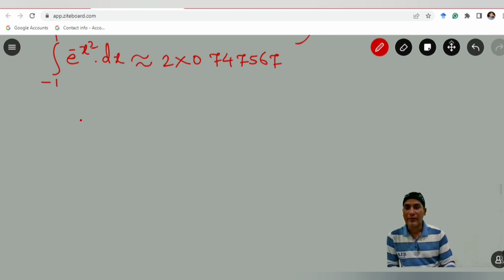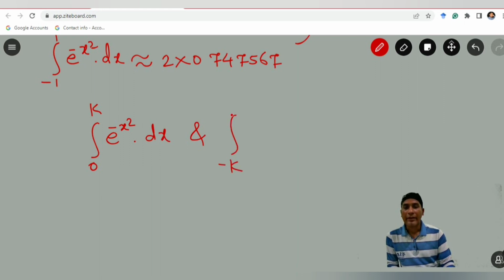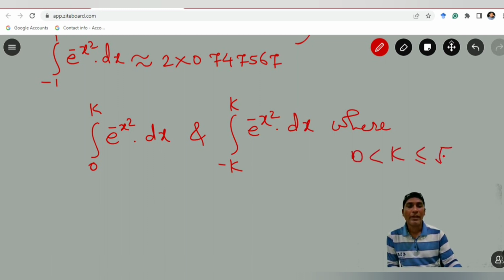Therefore, we can in fact approximate the integrals of e power negative x square over 0 to k and e power negative x square from minus k to k dx, where 0 is less than k less than or equal to square root of 3.